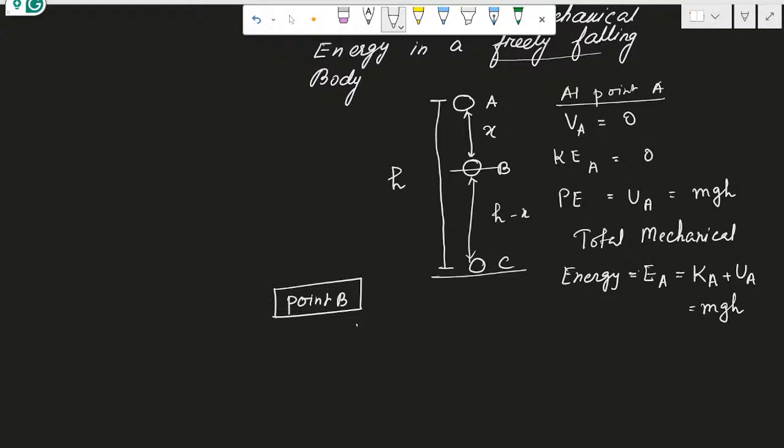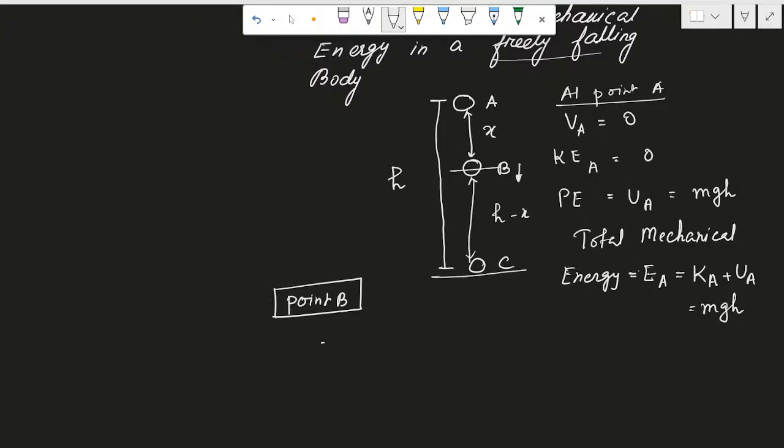So we can consider the time independent formula to get the velocity at B. That means v square is equal to u square plus 2g. But the velocity it gains is in the downward direction, isn't it? It is in the downward direction.